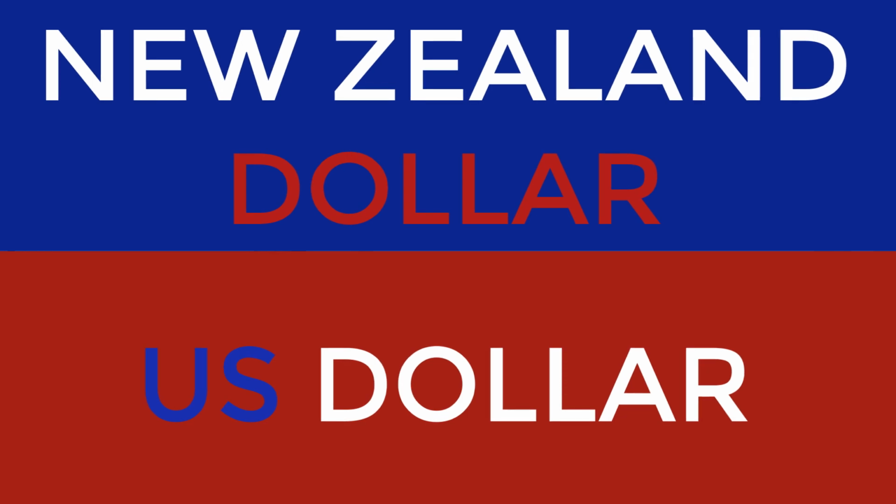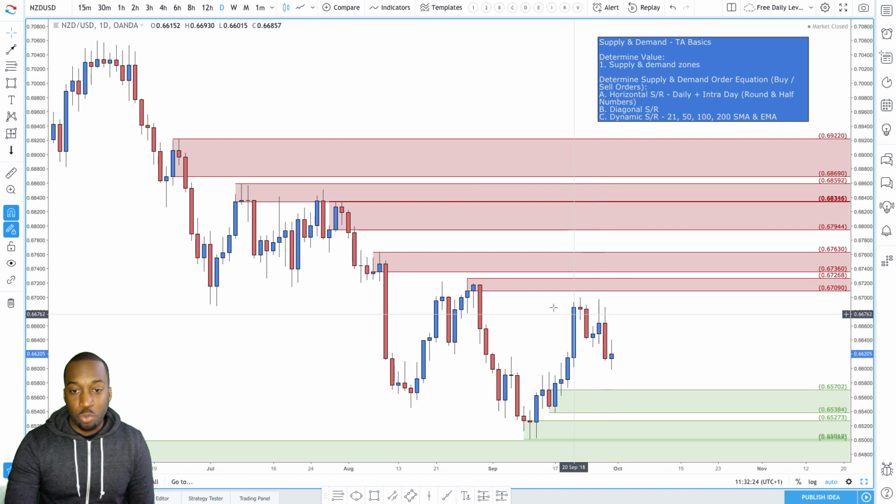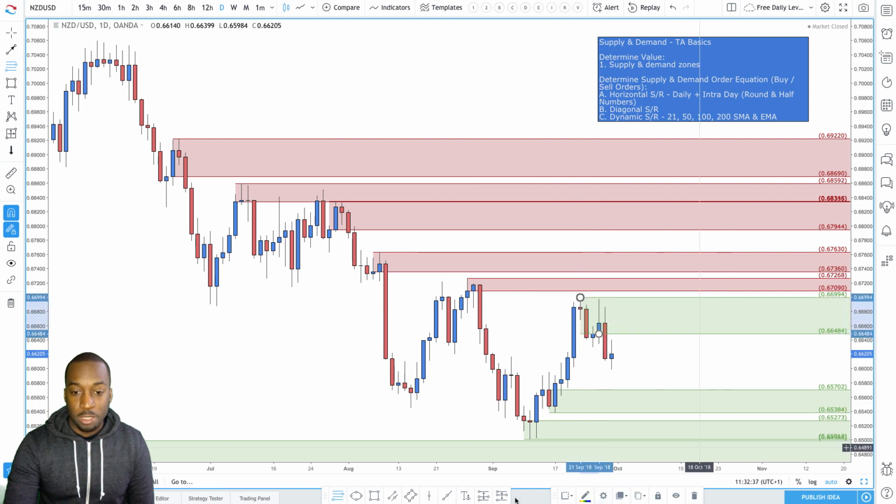Moving on to the New Zealand dollar, US dollar, I've been looking to get short but just haven't been able to get short on this currency pair. If we're looking to get short now, it has created a lower high, lower low. So there's your supply zone right here.